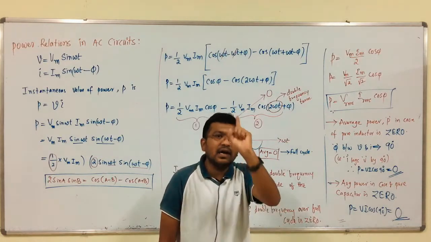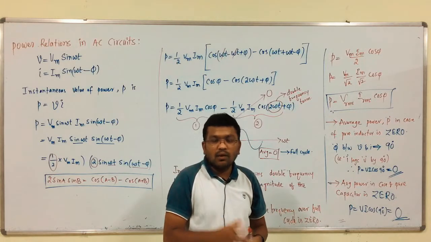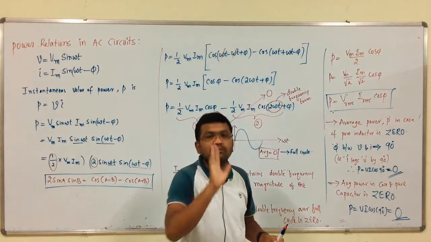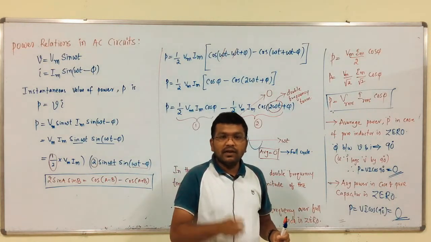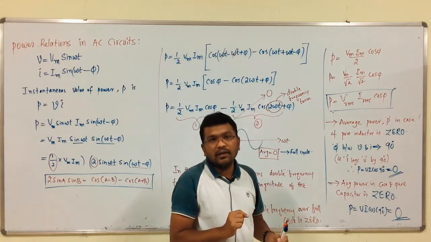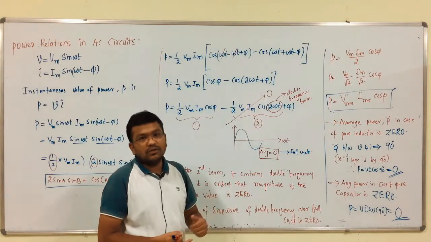By default, it is the RMS value. In the problem, if the examiner provides the voltage, he mentions it as the RMS value, or if it is the maximum value, he provides it as maximum or VM. This is about power in case of AC circuits.